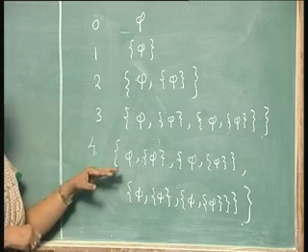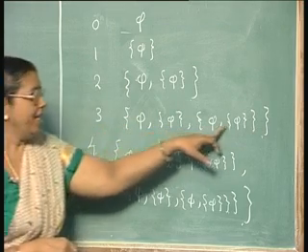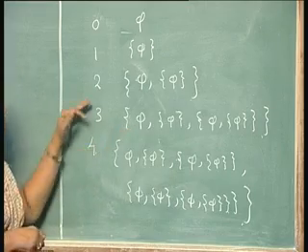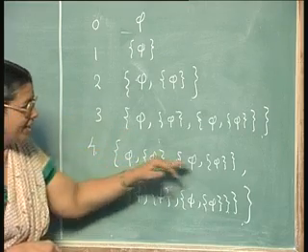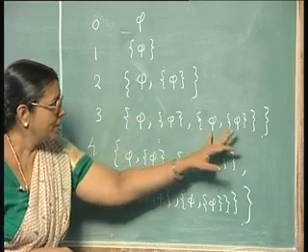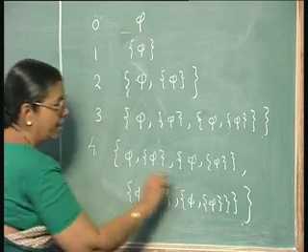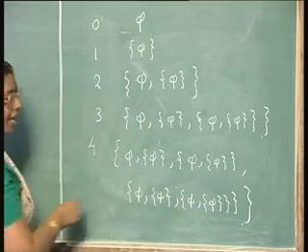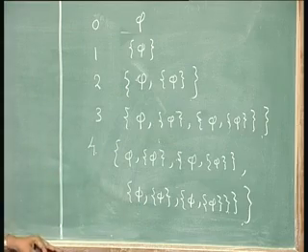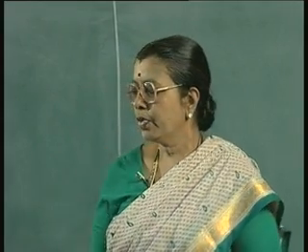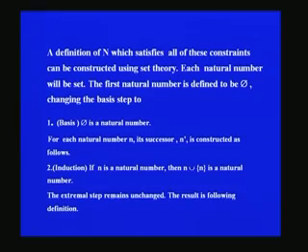So, you see that if this is n, n dash, the successor of n, contains all this plus this within flower brackets. This is n and this is n within flower brackets, that denotes the next integer or the successor. So, we can define natural numbers this way and mention the constraints also.